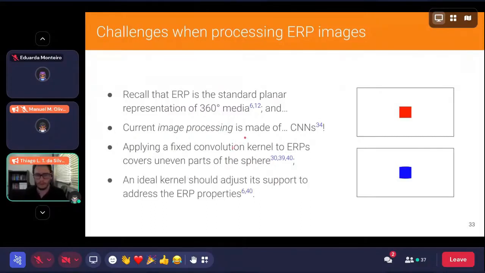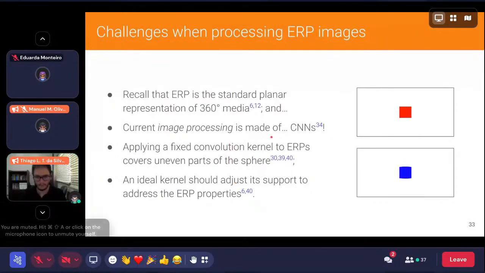We are weighting it unevenly. So an ideal kernel should adjust its support to address these ERP, these rectangular projections, which are at the end this kind of non-uniform sampling that we know how it behaves. It's proportional to sine of phi. So we need to adjust the support of the kernel to where it's being applied at the moment.